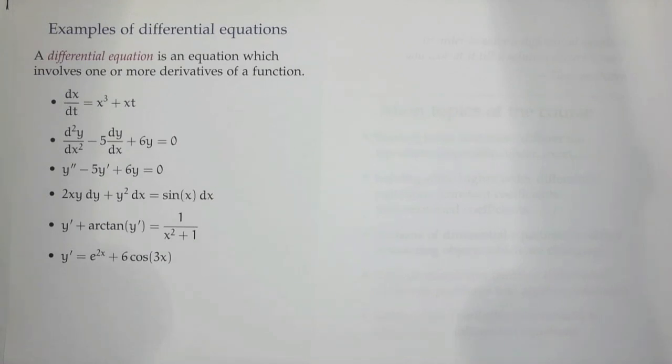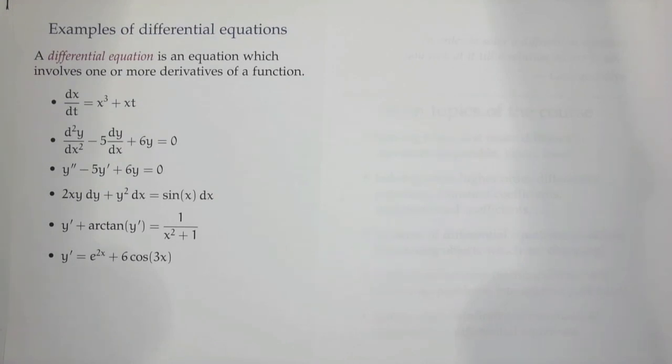You might see it in terms of this d something over d something. This involves the first derivative. We will also look at higher order derivatives: d squared y dx squared minus 5 dy dx plus 6y equals 0, which we could have written as y double prime minus 5y prime plus 6y equals 0.